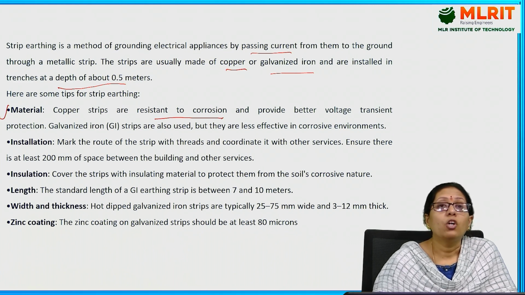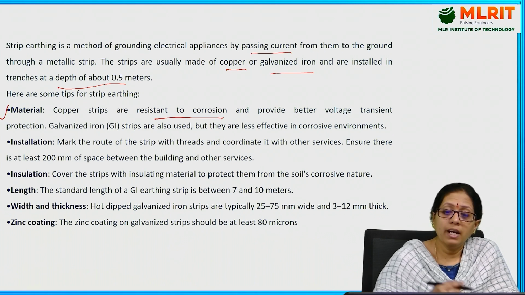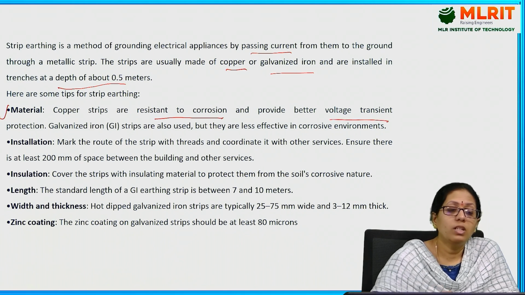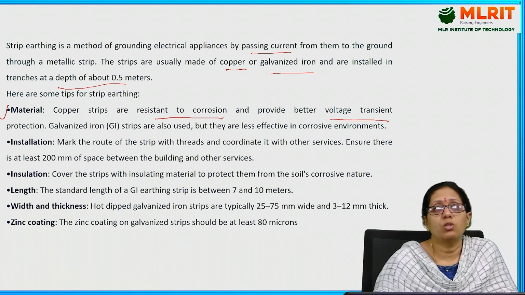Because of that, corrosion occurs. So the copper strips should be resistant to this corrosion and provide better voltage transient protection.